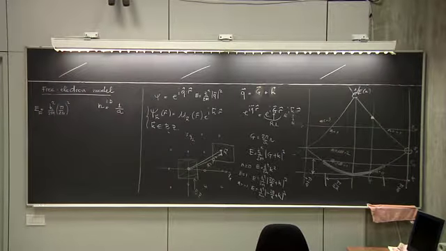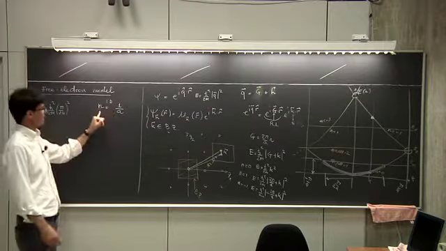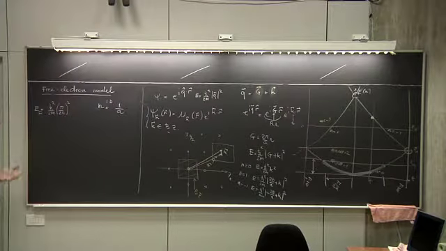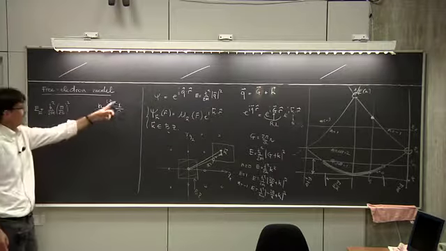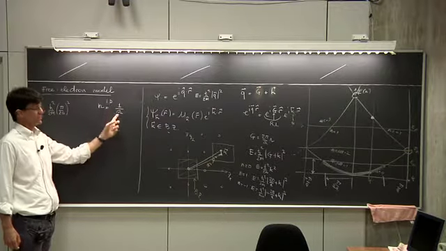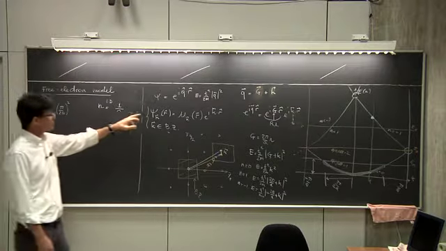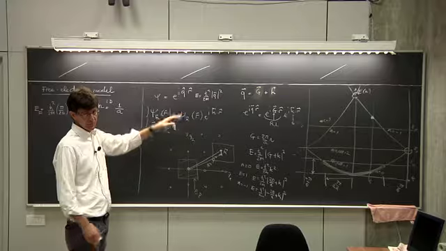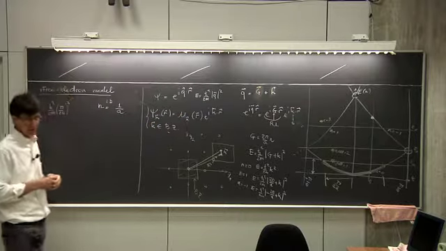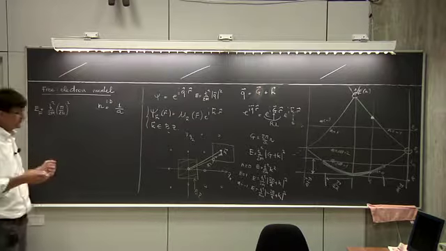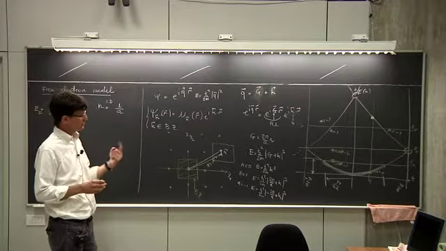Now, the density in 1 dimension has the dimension of 1 over a length. In 3 dimensions, it's 1 over a length cubed. And since I have 1 electron per unit cell, the density of electrons is 1 over a. Notice that this is a constant density because our solutions are plane waves, and the square modulus of a plane wave is a constant. So it's a constant density, and we have 1 electron per cell.